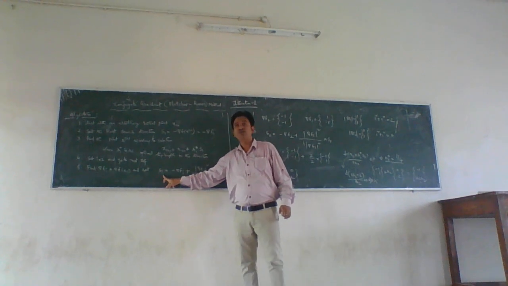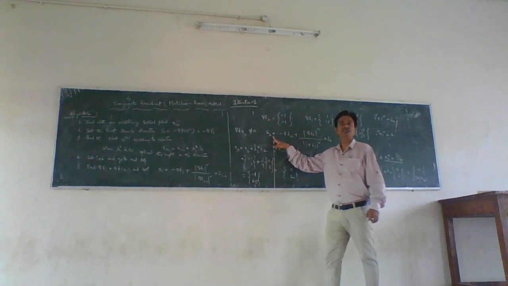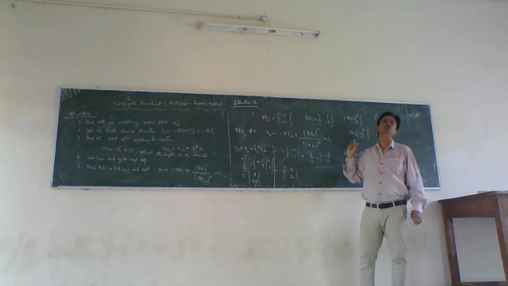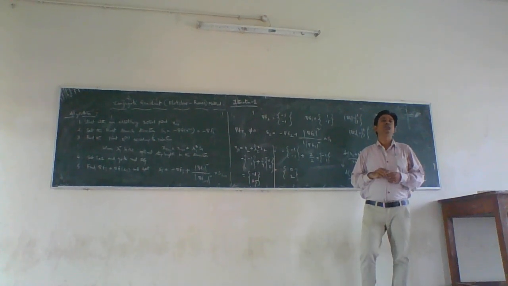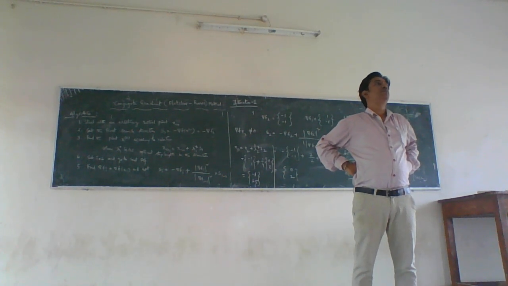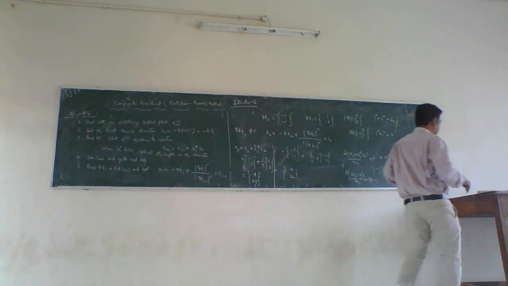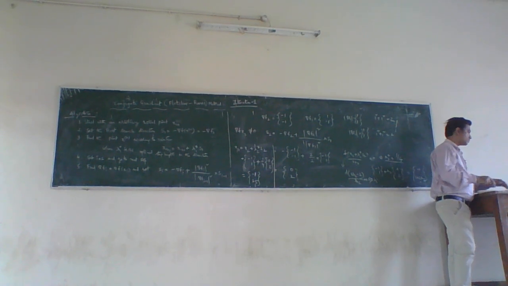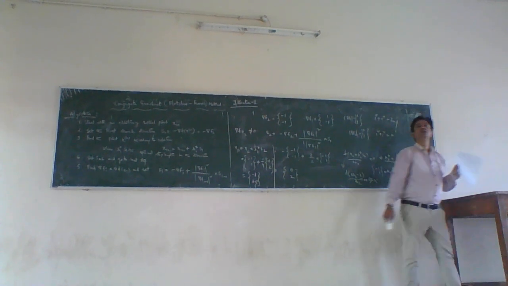You have to calculate s3 now, because s2 is over. s3 is equal to del of 3 plus del of 3 whole square by del of 2 whole square into s2. Is it okay? Any doubt?